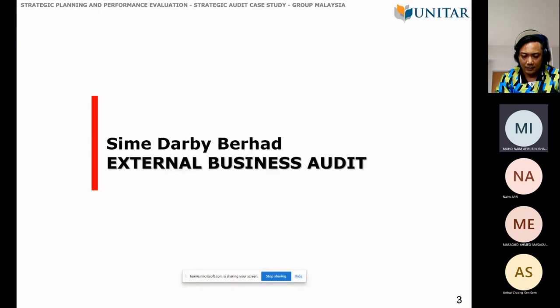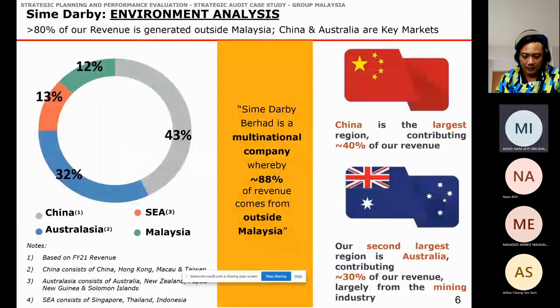So overall, I would like to go towards the external business audit, focusing on the environment analysis. In order to know Samdabi's areas, we need to understand where their key market is right now.